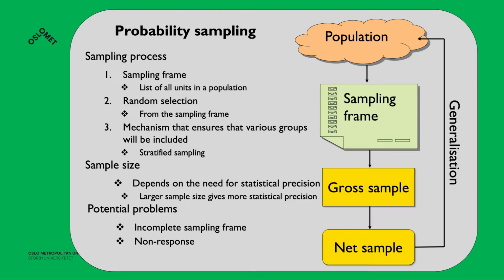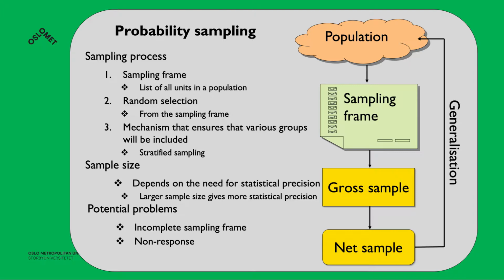There is more uncertainty about whether that's the right estimate, or whether that's a true level of trust or not. But the larger the sample size, the less uncertainty.